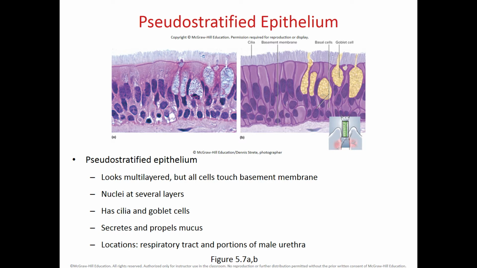It's not shown in there, but it is called ciliated because it has cilia. So locations where you can see it, it's for instance here in the trachea. And the nuclei are located at several layers, and it has these goblet cells that produce mucus, so you can propel substances that the epithelium traps, like dust, debris, etc. So locations will be in the respiratory tract and also in portions of the male urethra.